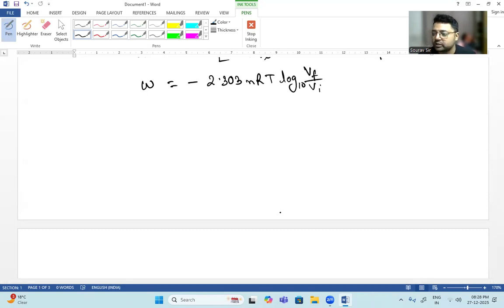Now, this can also be applied for pressure. Suppose volume is not given, but pressure is given. Then what will we do? According to Boyle's law for an ideal gas, if temperature is constant, then pressure is inversely proportional to volume.